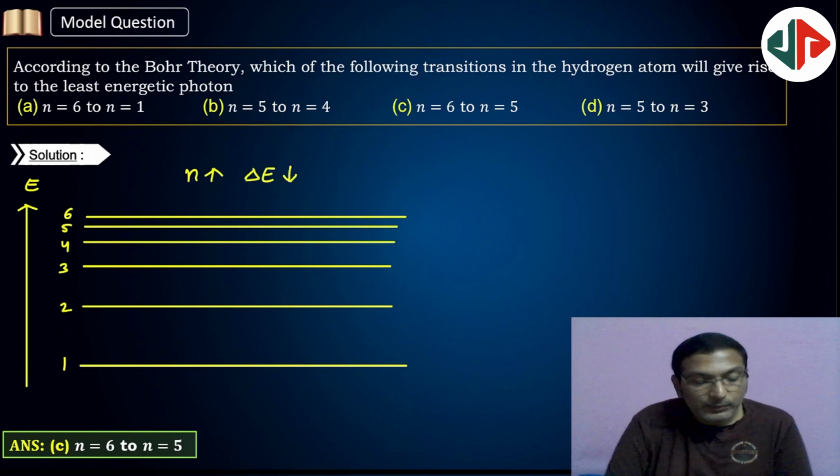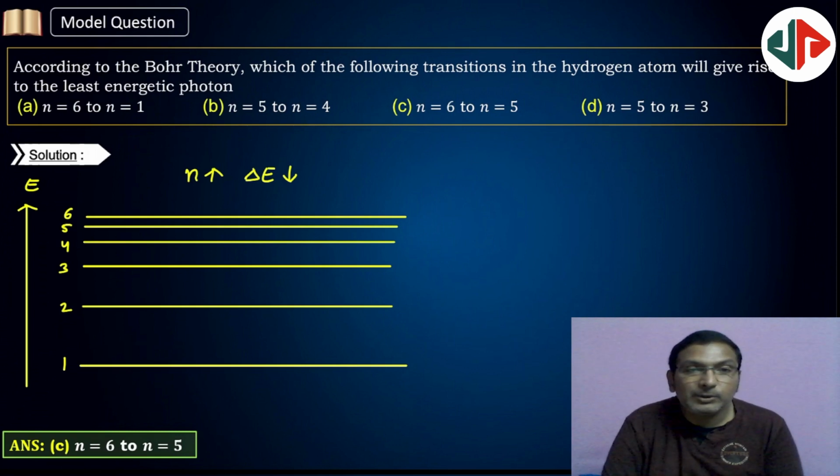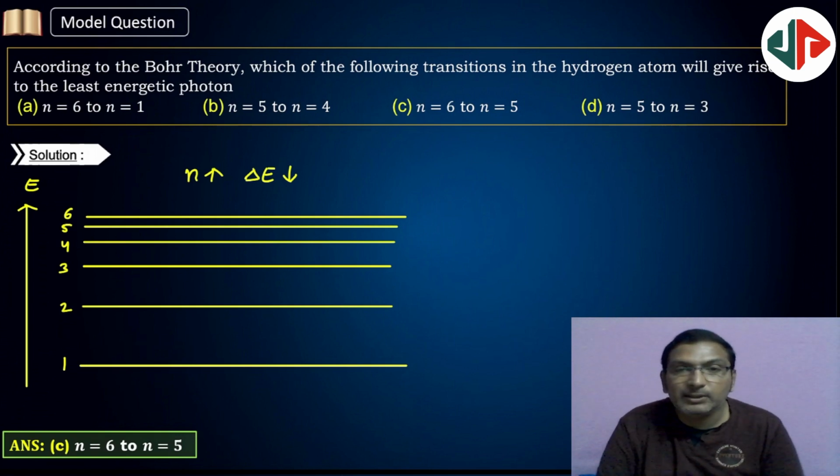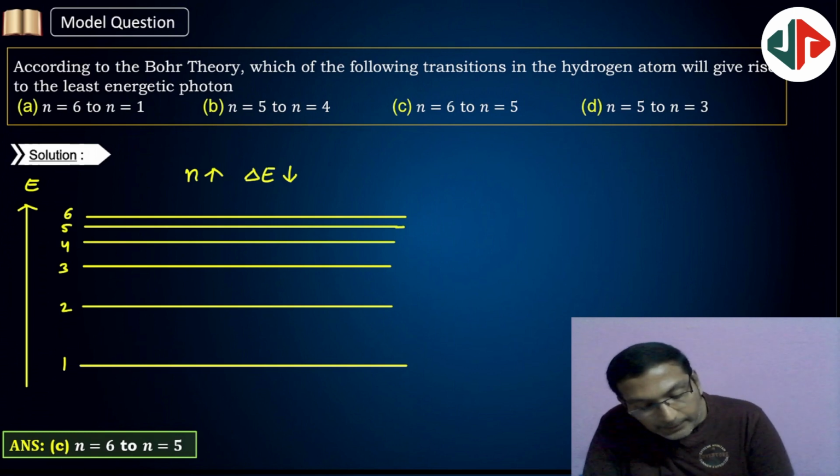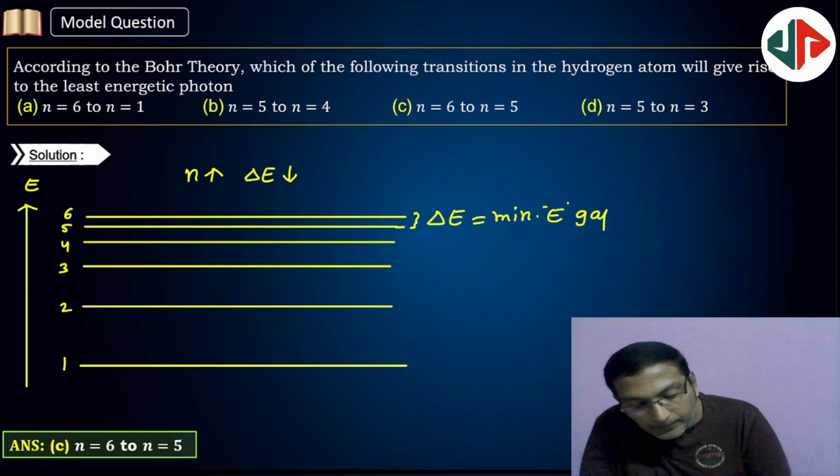See here, 6 to 1 is the maximum amount of energy, 5 to 4 medium, 5 to 3 medium, and 6 to 5 will be the minimum energy gap.